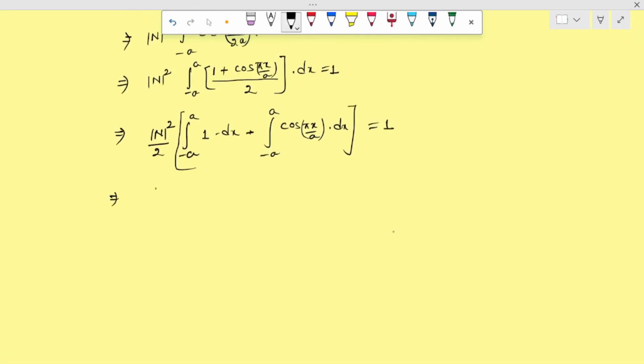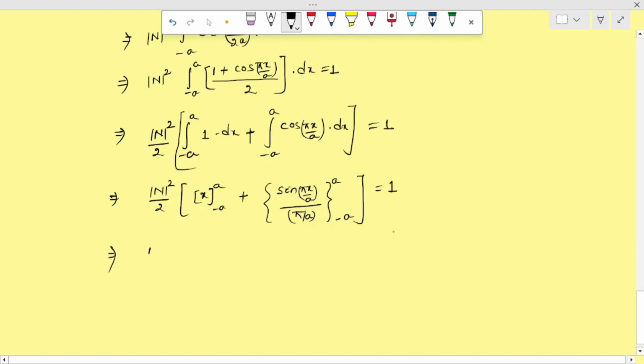That implies mod N square by 2, this integration is x, the limit will be minus a to a, plus this integration of cos(pi x by a) will be sin(pi x by a) by pi by a, limit will be minus a to plus a, equal to 1.